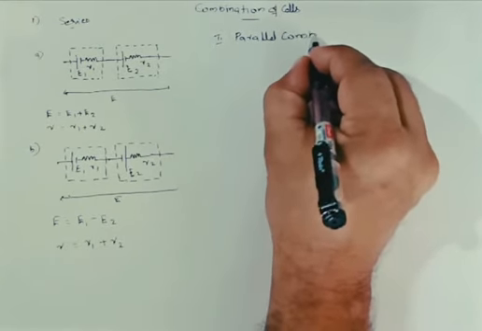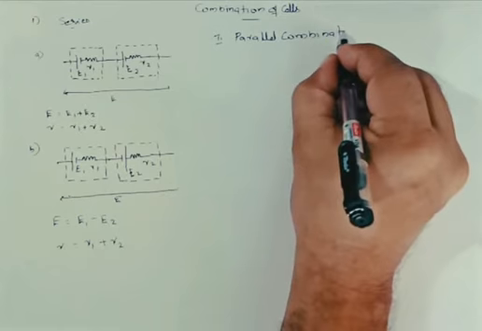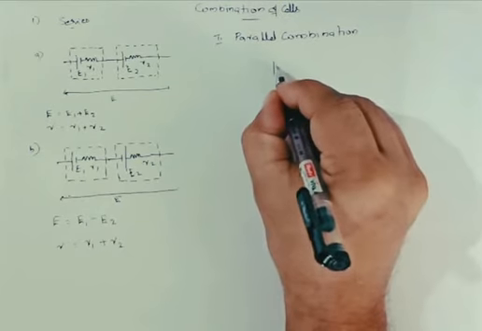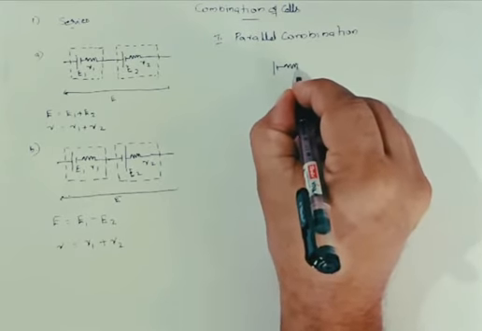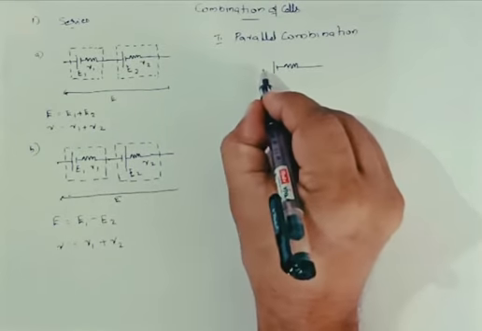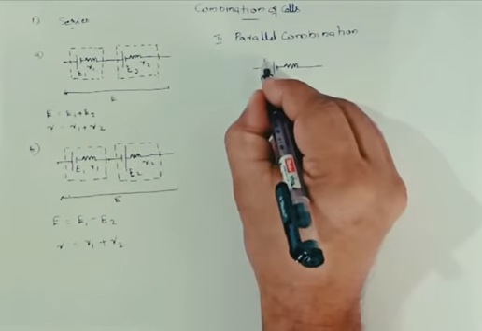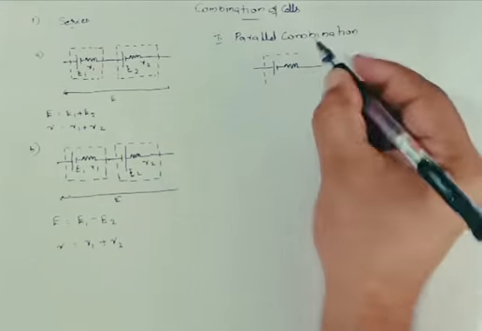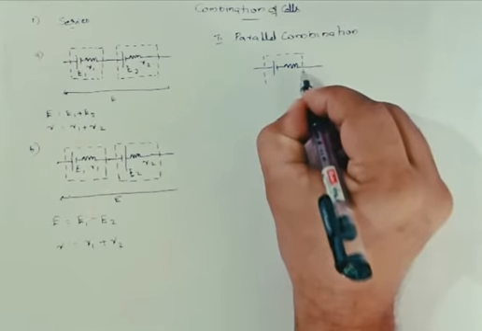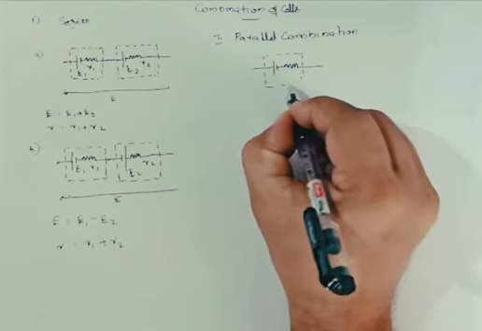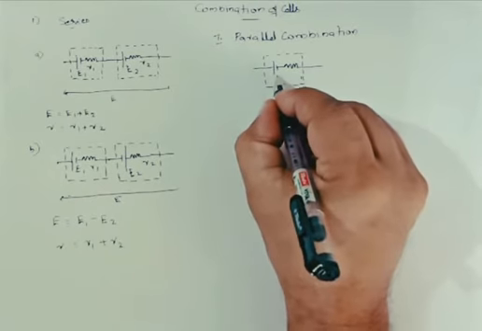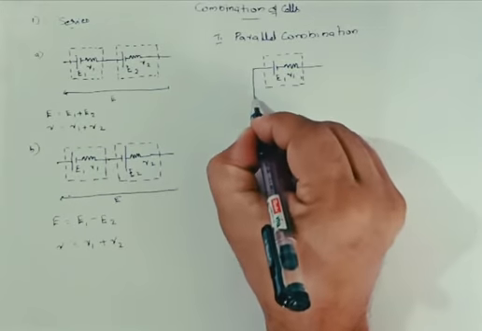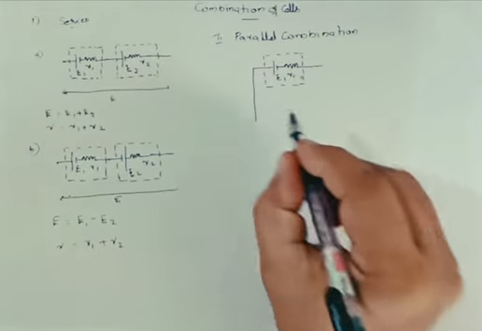We have a parallel combination of two cells here with EMFs E1 and E2 and internal resistances R1 and R2. Here is the first cell, that boundary is the structure of the cell, and the EMF is E1 and internal resistance is R1, that is being connected to another cell.